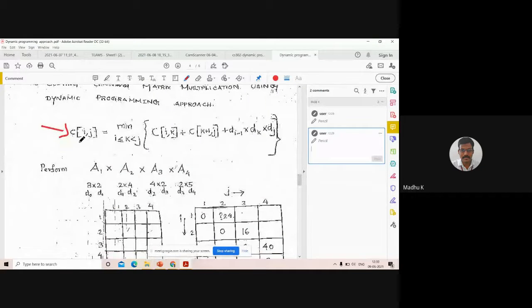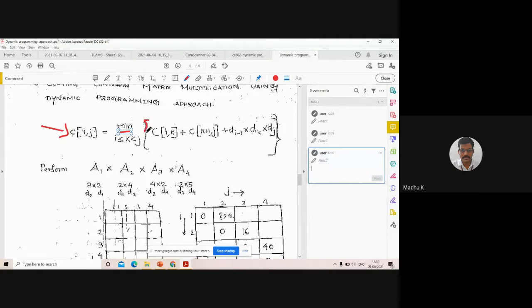The entries in this matrix C are calculated using this equation. C of ij is equal to the min over i less than or equal to k less than or equal to j. Then there is a bracket.